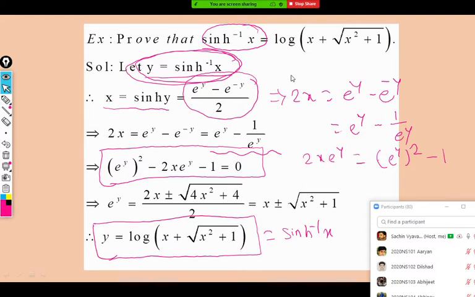Sorry, my mistake. That integration of 1 upon root of x square plus 1, you can write as log of x plus root of x square plus 1, or directly you can say its integration is sin h inverse x. As you now know, both of these are equivalent. The value of this is the same as sin h inverse x, so you can write it directly also.